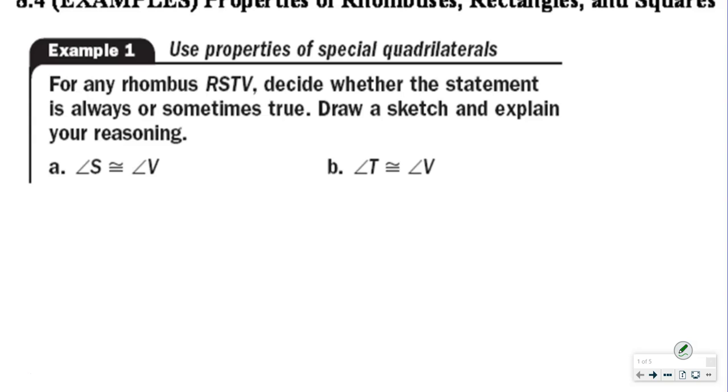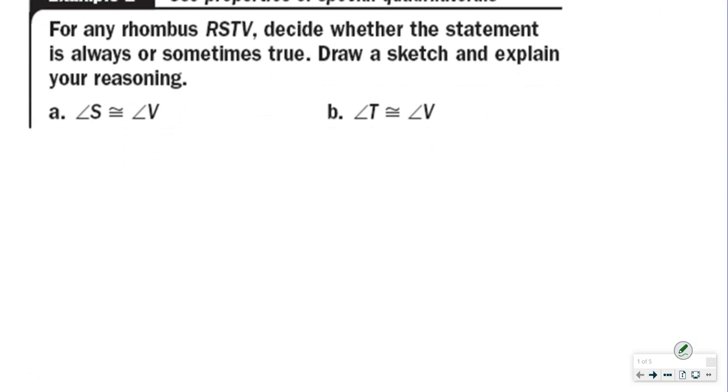Looking at this first one, we want to know about angle S being always or sometimes congruent to angle V in a rhombus. So we want to draw our rhombus. I'll draw it maybe here in the middle. This is rhombus RSTV.